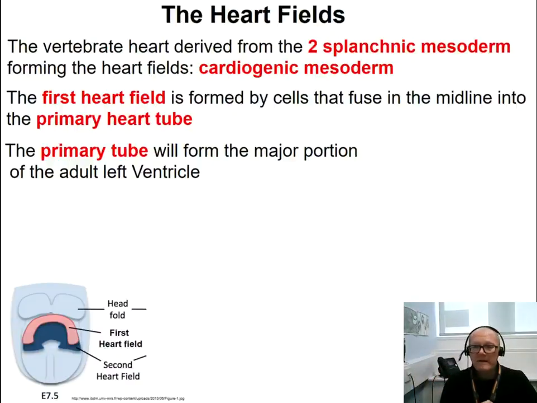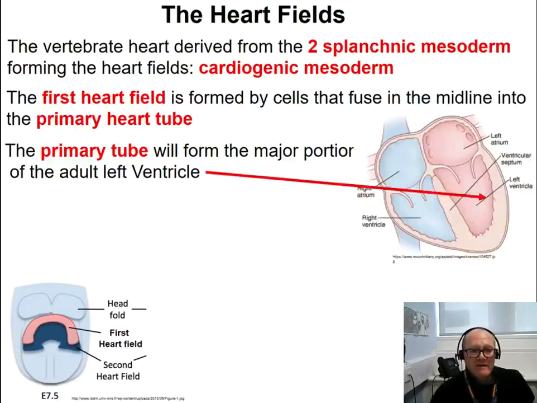are the cells that are going to form the left ventricle in the adult heart. So here in this cartoon we can see the four chambers of an adult heart of a typical vertebrate animal, a typical mammal if you want. The heart is divided in four chambers.